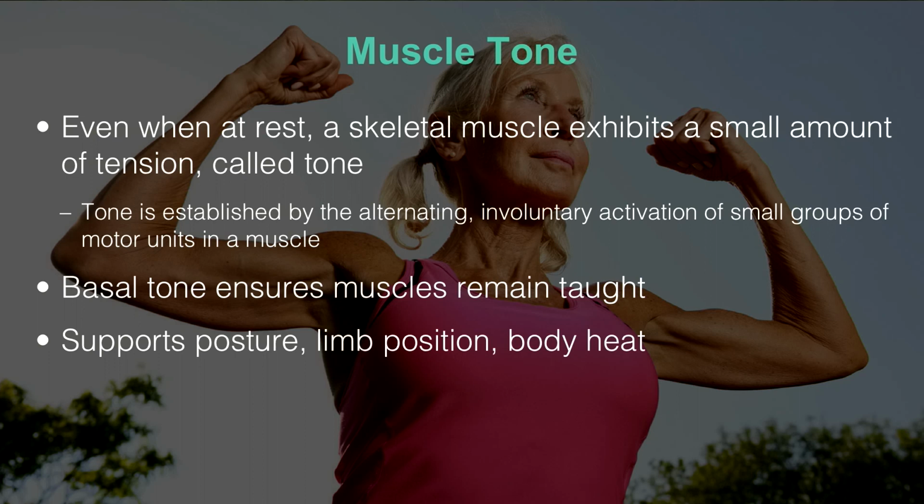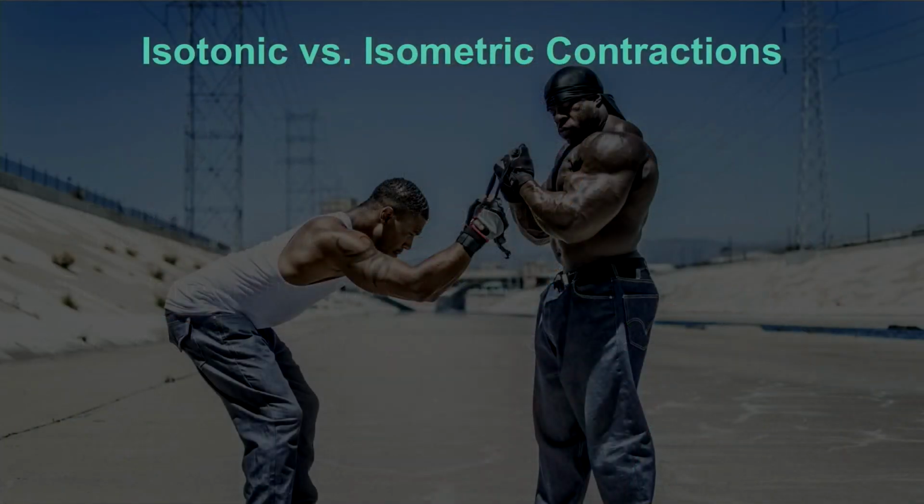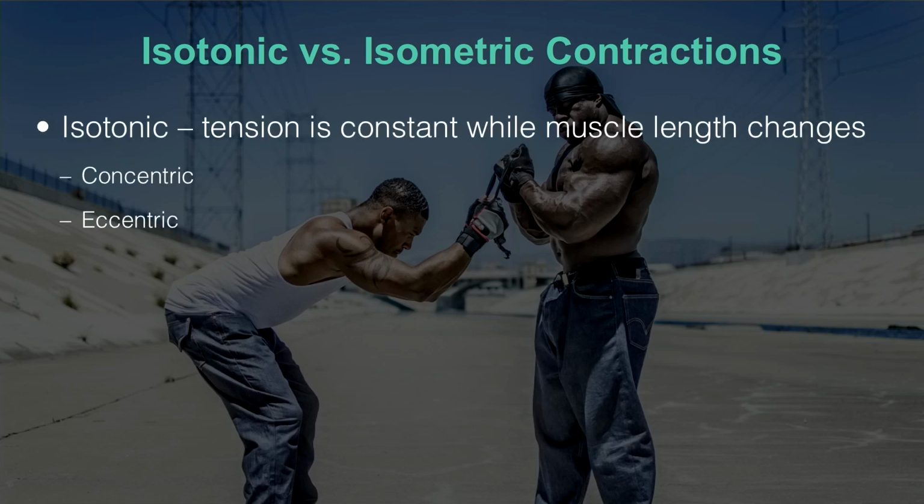The types of contraction that you think about are isotonic and isometric contractions. But I really don't like the word isotonic. Isotonic is what you think about moving around at the gym. If there is a change in the length of the muscle, a change in the length of the sarcomere, we call that isotonic contraction.